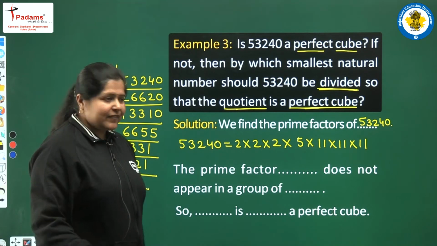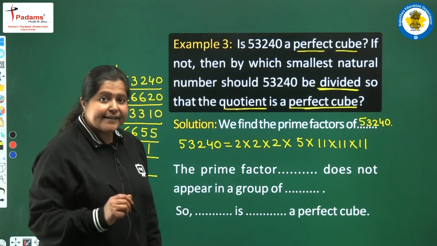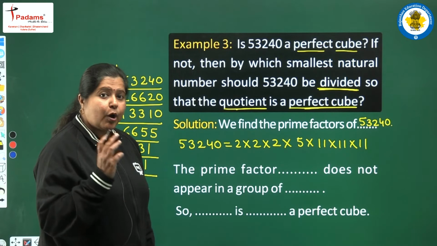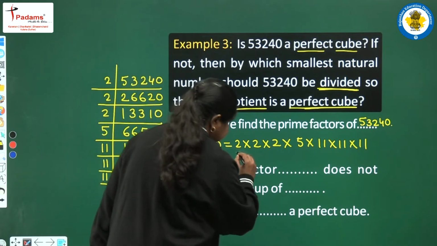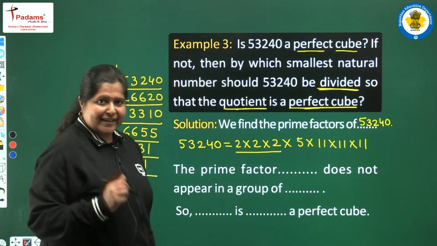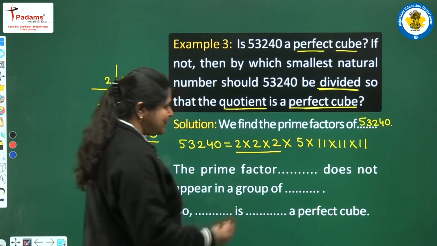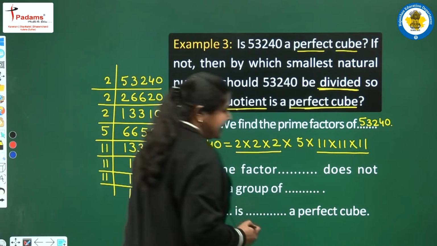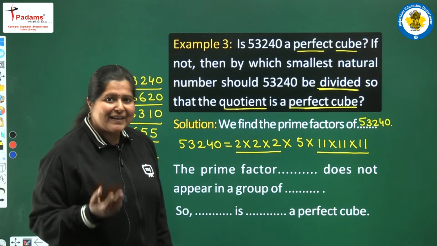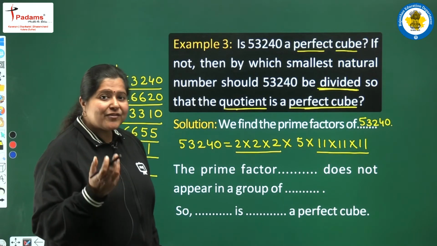So these are the prime factors of this given number, and let us now try to make groups of 3. 2, it is there in a group of 3. तो 2 का एक ट्रिपलेट बन रहा है, 11 का भी एक ट्रिपलेट बन रहा है, but what about 5? 5 is not forming a triplet.